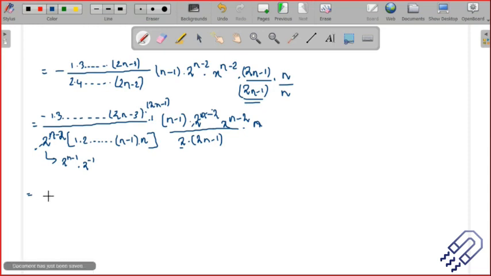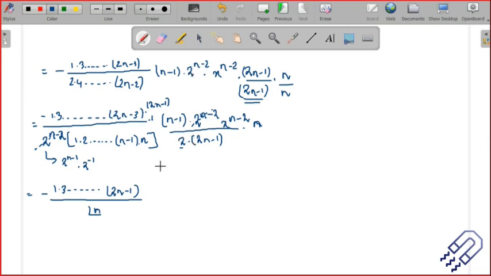So this would be minus 1 3, and then we have the term up to 2n minus 1 divided by factorial n, this entire term is now actually factorial n. Okay, and then we have got a term of 2 to the power n minus 2, right? Did I miss that term also? Yeah, no, this is there.